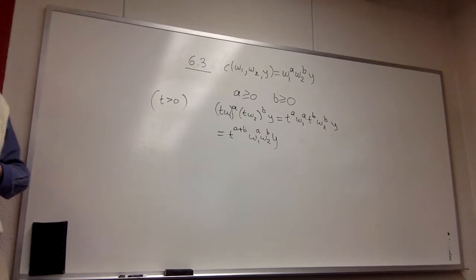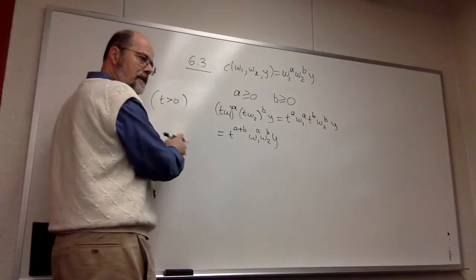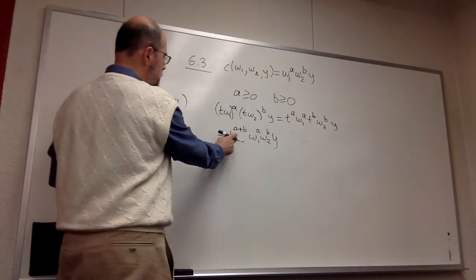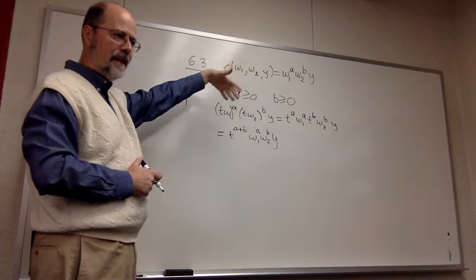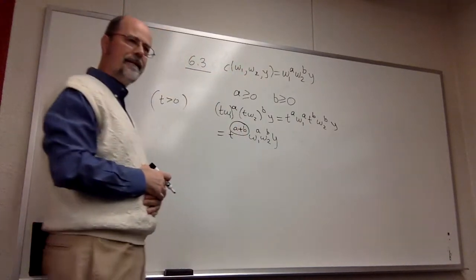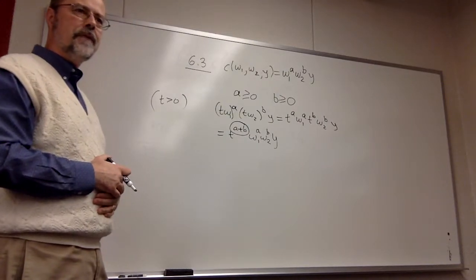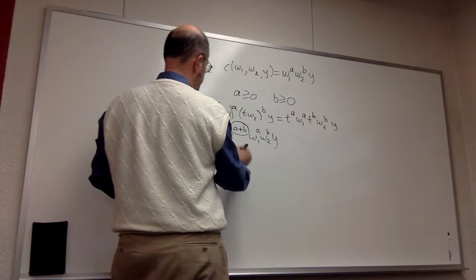Now you want this to be, for every positive T, you want this to be 1, because we want it to be equal to that. Homogeneity of degree 1. But the degree of homogeneity is right here. So A plus B needs to be equal to 1.